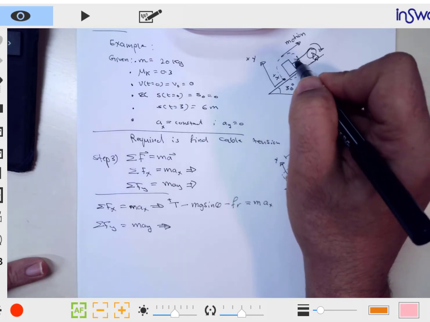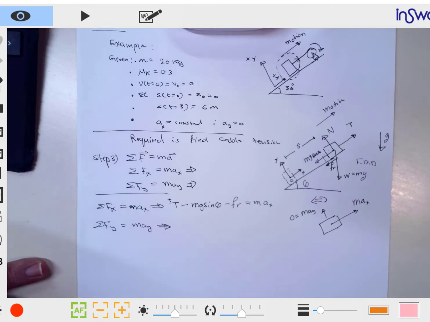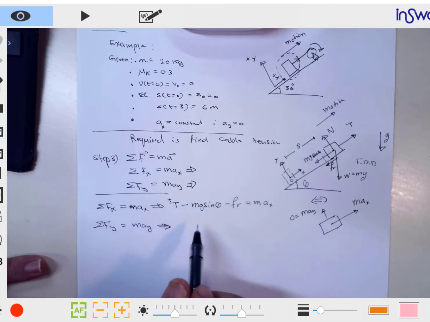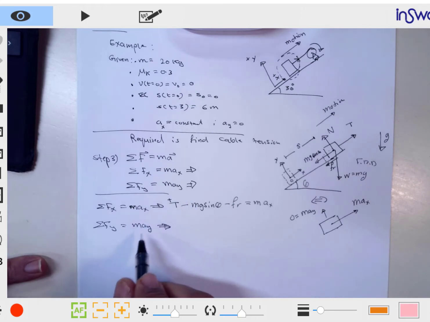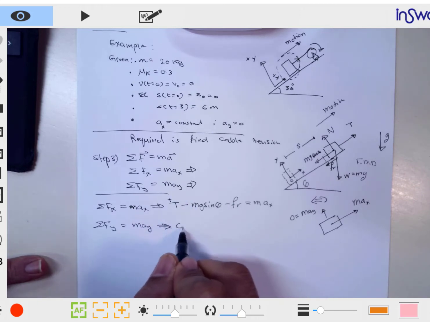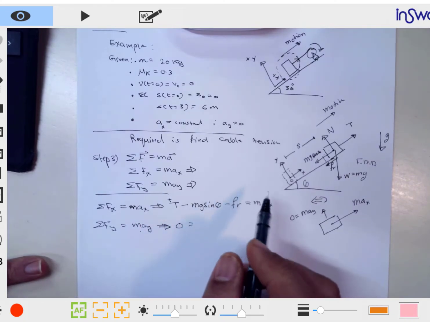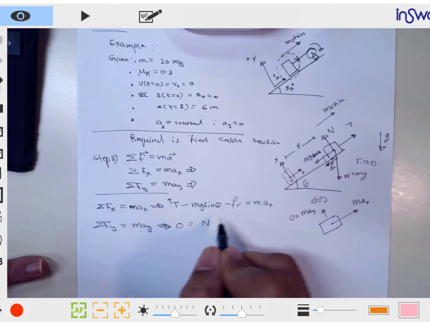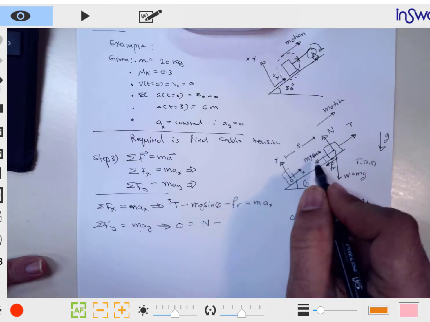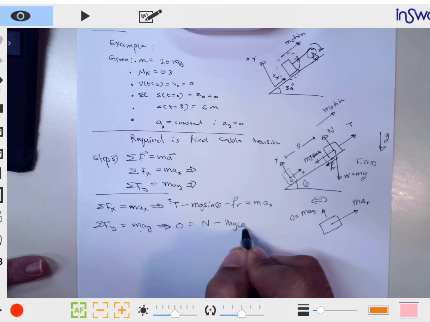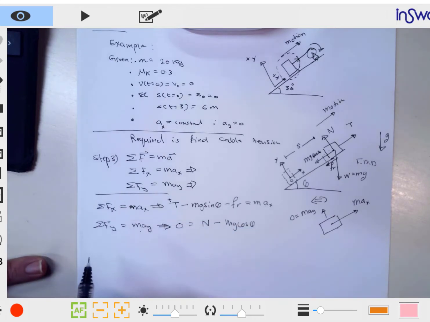So this becomes an external force, just for clarity. Alright, so what else? Okay, may is equal to 0, and the components in Y are N minus mg cosine theta, right? And this is it. Great.